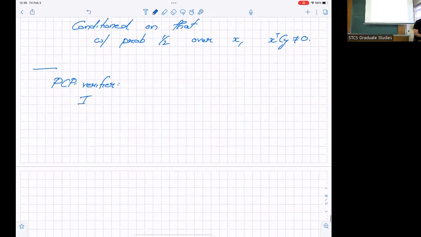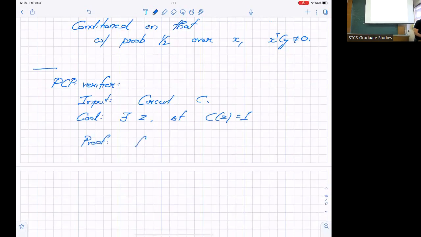The input is a circuit C, to show that there exists a Z such that C of Z equals 1. We expect as proof F going from 0,1 to the n to 0,1.